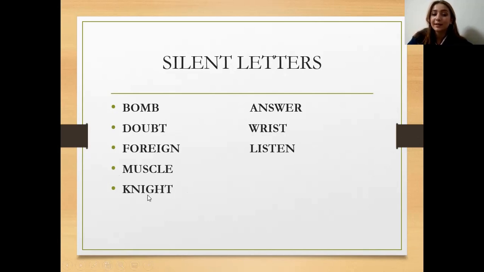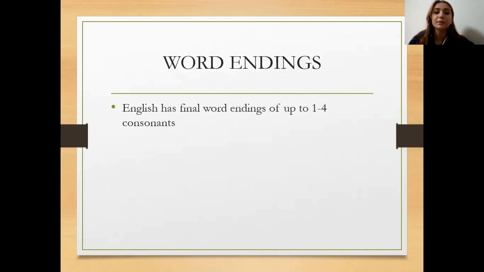Night. Not the first letter. Answer, not this letter. Wrist, it's the same. The first letter is silent. Listen, this letter is silent again. So I think you understood better when I told the examples.